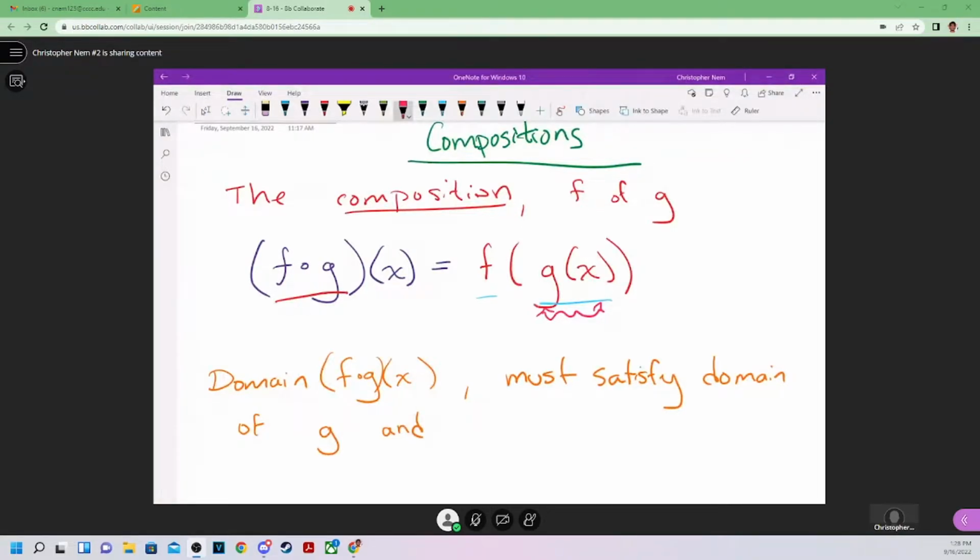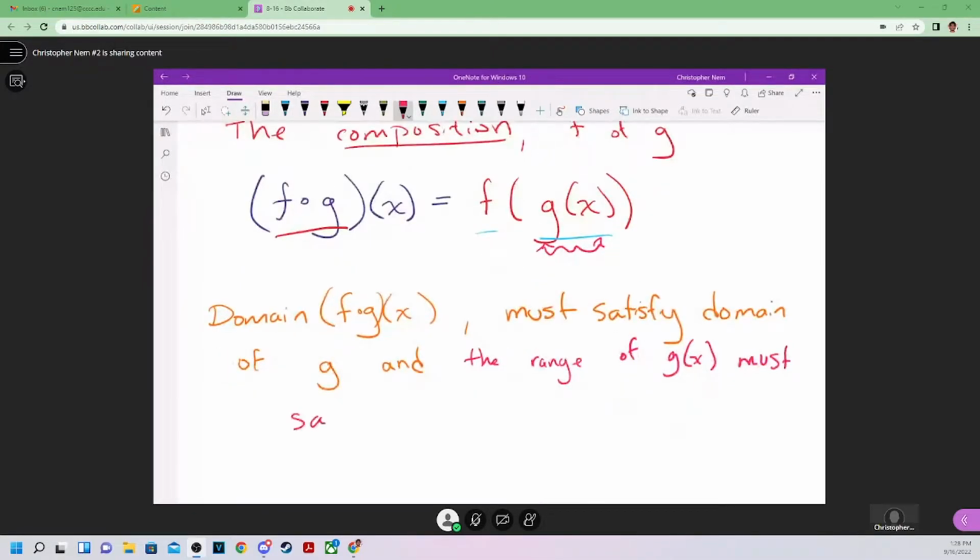It's not x. It's g of x. So, and the range of g of x must satisfy the domain of f. So your output for your g has to be included for the inputs of your function f.